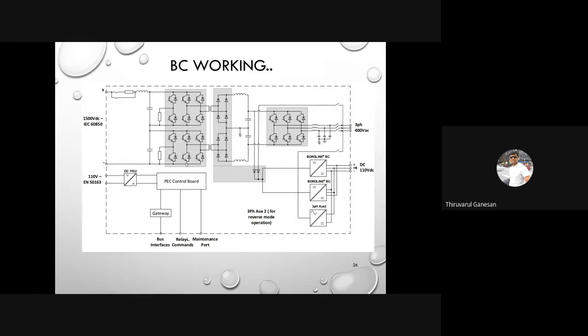For example, if you take the voltage directly from the catenary for your charging system, you have to consider what your device rating is. It is similar to the inverter device. If you are converting the 1500 into AC, it is somewhere around 680 volt. If you are designing the power electronics components for 680 volt here, it is not the same components as used here. Here it is 1500 volt DC.